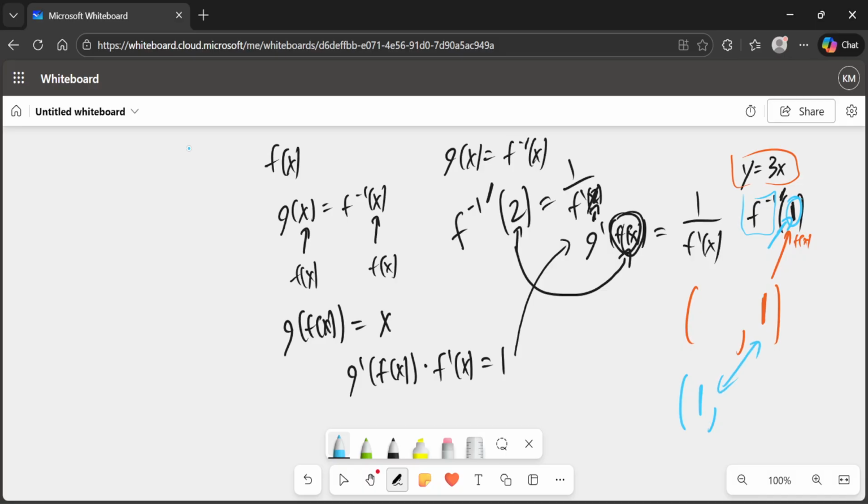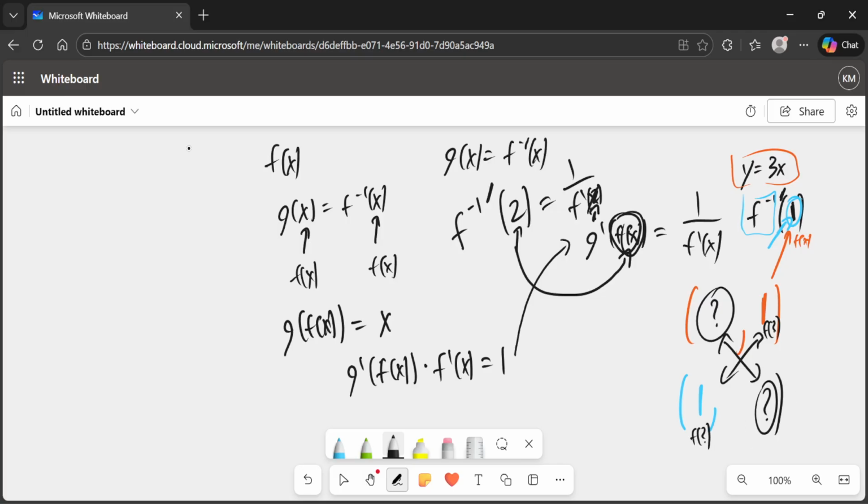Because it's an inverse, these flip here, and these flip here. So you want to find the thing you plug into f of x. And this is f of whatever.